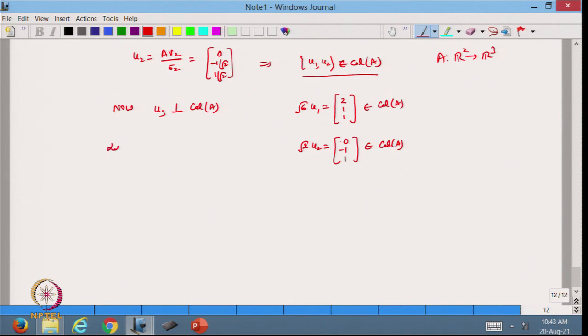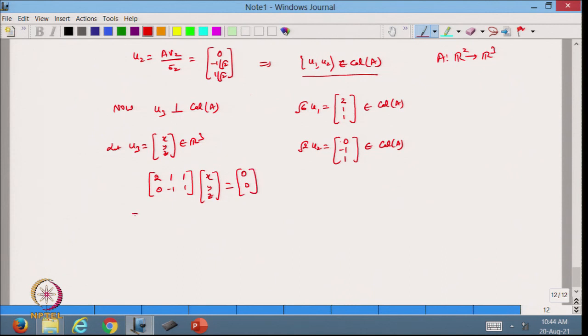Now let u3 be a vector (x, y, z), because it belongs to R3. It should be perpendicular to both, because these make the basis for the column space of A, as we have seen. So the dot product of the row vectors (2, 1, 1) and (0, -1, 1) with (x, y, z) should be 0, 0.